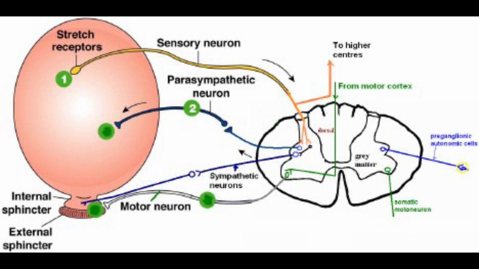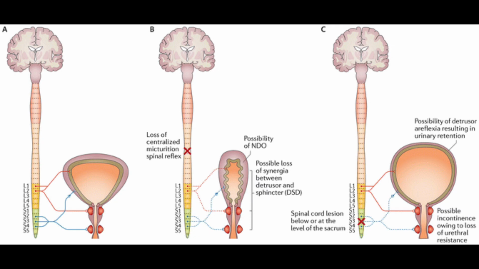sphincter. In spinal cord injuries where the injury is above the conus medullaris, that is above vertebral level T12, the S2, S3 and S4 levels of the spinal cord are intact, and there would be a functioning spinal reflex.